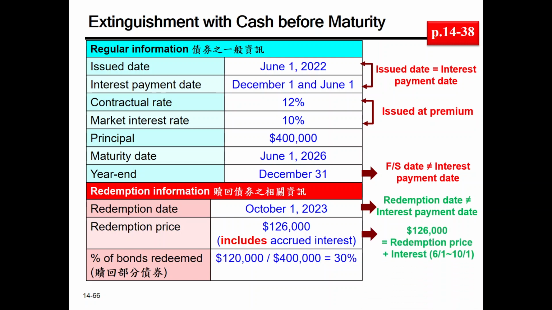The number includes redemption price and also includes last time interest. So based on this, you should figure out how much for your redemption price. Okay? Then you buy back the bond, what percentage? Only 30%. Okay? So based on this, what's the problem? So many problems. If you understand how to solve the problem, should be no problem for chapter 14. Okay? Because did you find out so many things? You should be very careful.